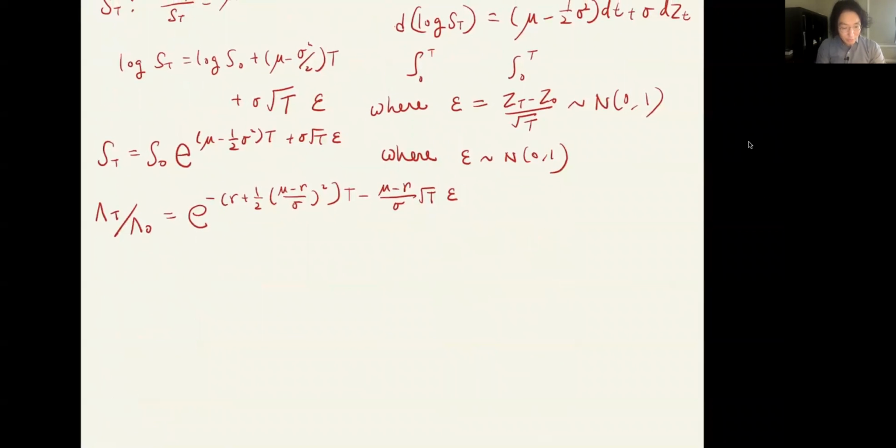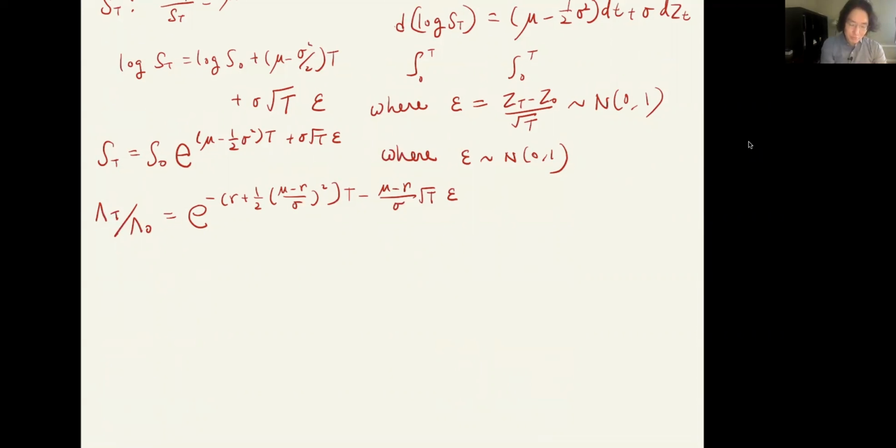Okay, so these are the representations of the stock price and the stochastic discount factor. Okay? This looks a little bit complicated, but you will see later that it is not so much.